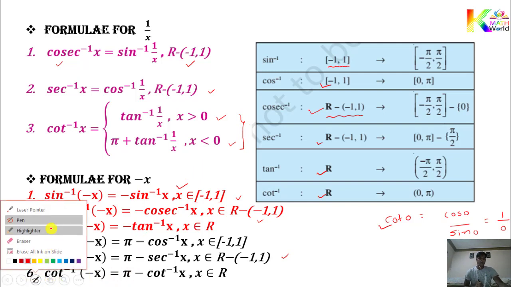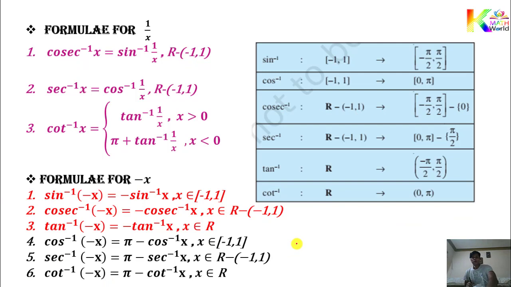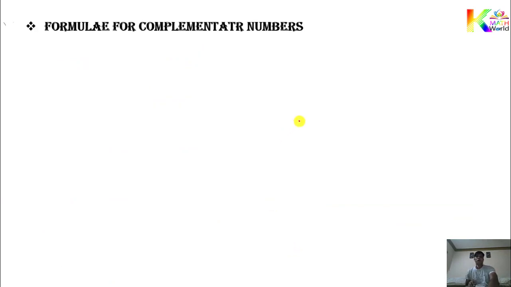Now two more formulas, complementary numbers. Complementary numbers means the sum of two numbers whose sum is pi by 2.